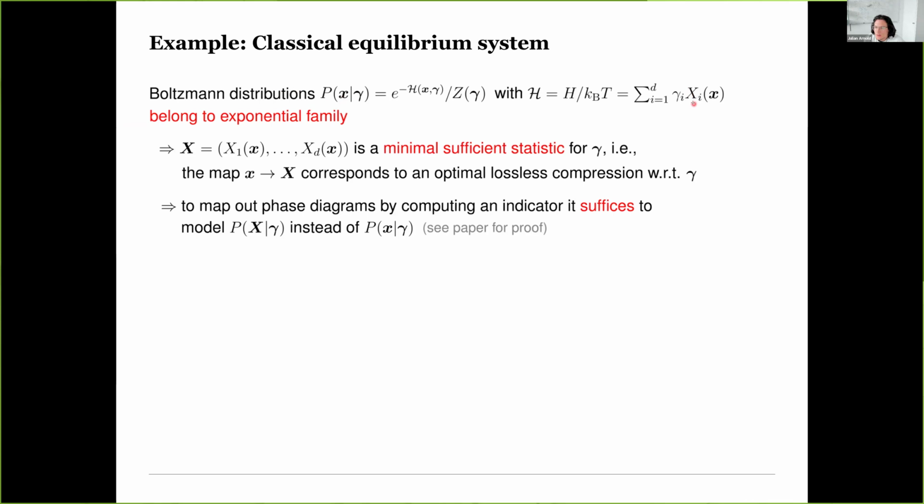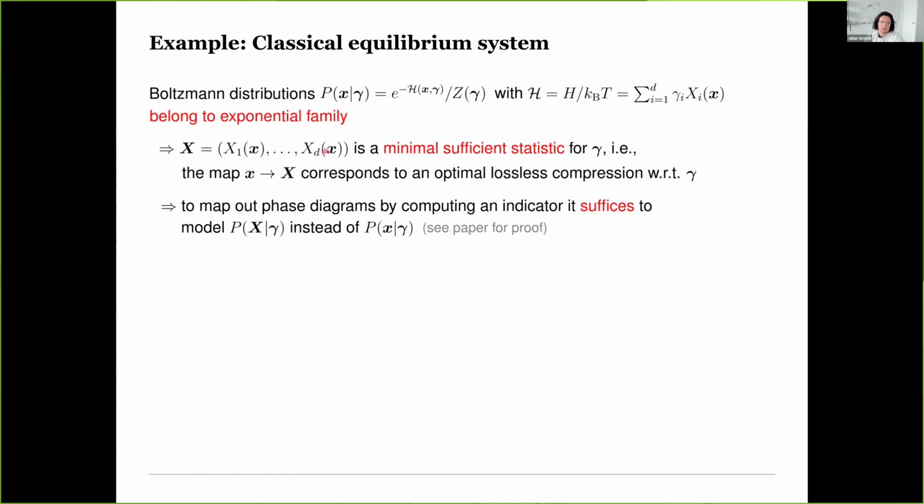Namely, it's a linear combination of sort of generalized coordinates, capital Xi, which couple linearly to the tuning parameters, gamma i. And we have d of them. And if you have a Hamiltonian of that form, then the Boltzmann distribution belongs to an exponential family.